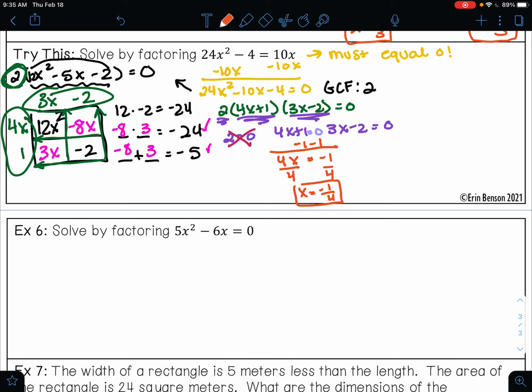For this next equation, to undo subtraction, I'll do addition and get 3x equals 2. To undo multiplication, I'll do division and get x equals 2/3. So in this case, my solutions are negative 1/4 and positive 2/3.